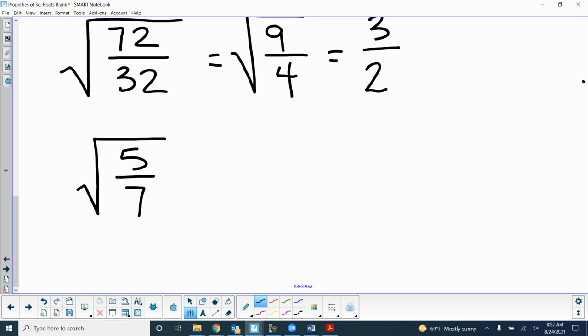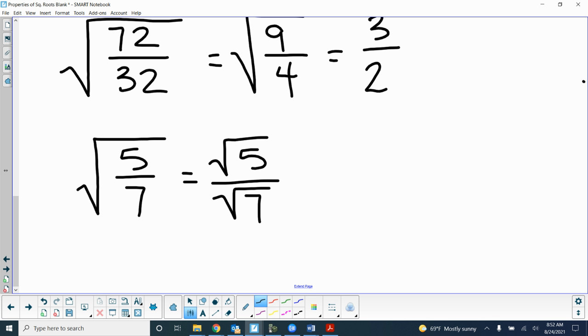Thank you. Okay. Can you simplify this one? No. So we're thinking of it like this then. Are we allowed to have that radical 7 in the bottom? No. All right? So we have to do what we call rationalize the denominator.